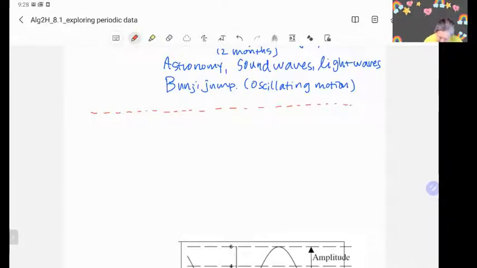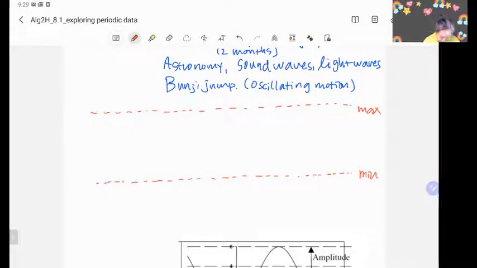So let's define this one as the maximum height, right? And let's say this is how low it gets. So let's define this height as the minimum it can go down. If this remains at the same height constantly, then we can get the mid position between maximum and minimum.